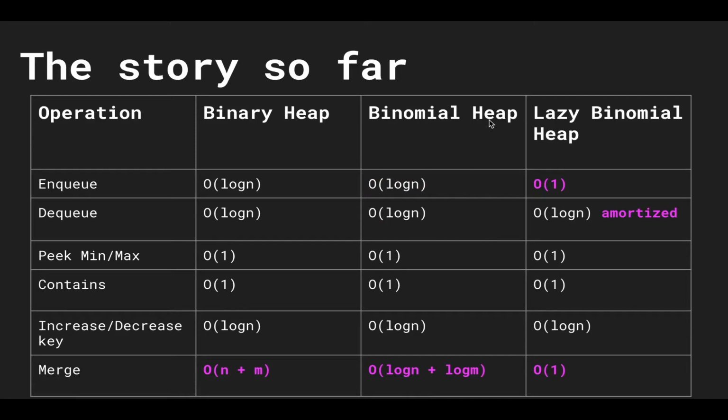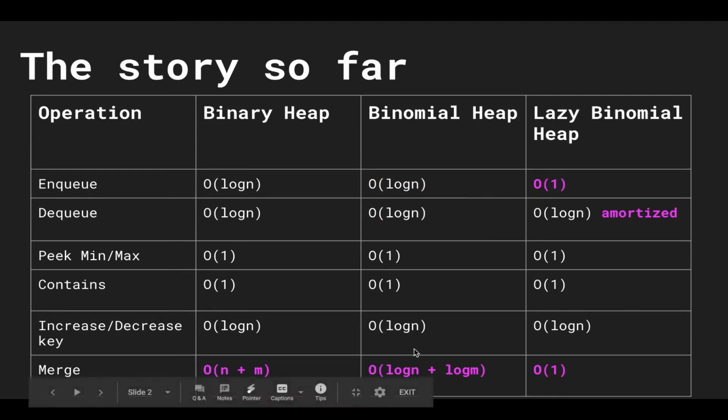So when we're merging, also known as taking the union of two binomial heaps, we're really just performing binary addition, and that gives us a logarithmic runtime, which is log n plus log m, where n is the length of the first heap and m is the length of the second heap.